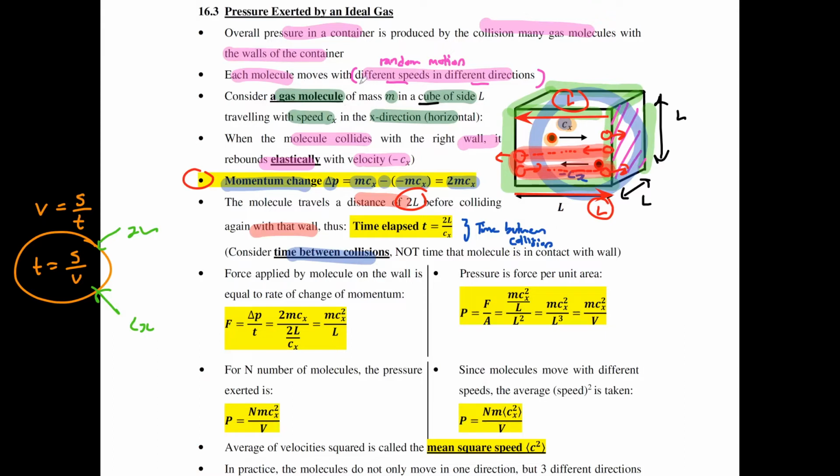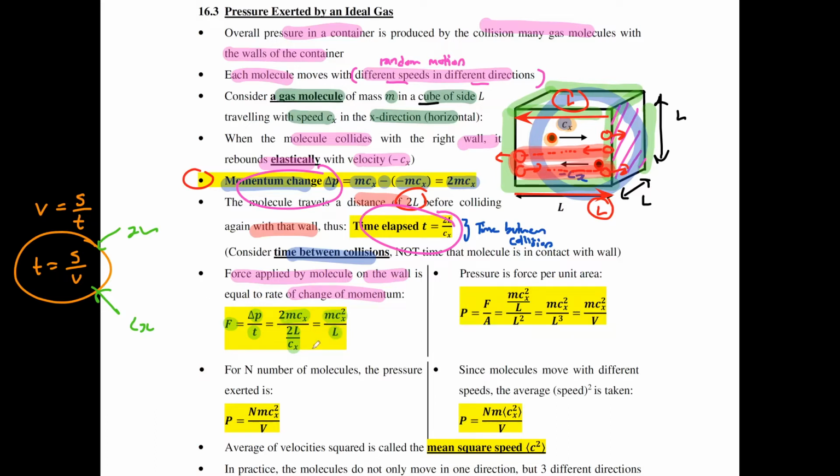Okay, so now that you know what is the momentum change right over here, and also the elapsed time, you can actually work out what is the force applied by the molecule on the wall. Because you know that force is equal to rate of change of momentum from AS. Force is rate of change of momentum. You already found out change of momentum is 2mcx. The time is 2L over cx. You're going to get mcx squared over L.